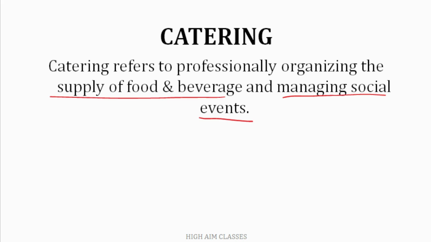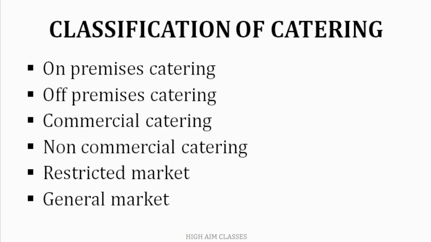Let's go to the classification of catering, how we are going to classify it. So we have different benchmarks of classification. If you want to classify something, you need to see on what basis you are going to classify. So if we classify on the basis of location, we will have these two.